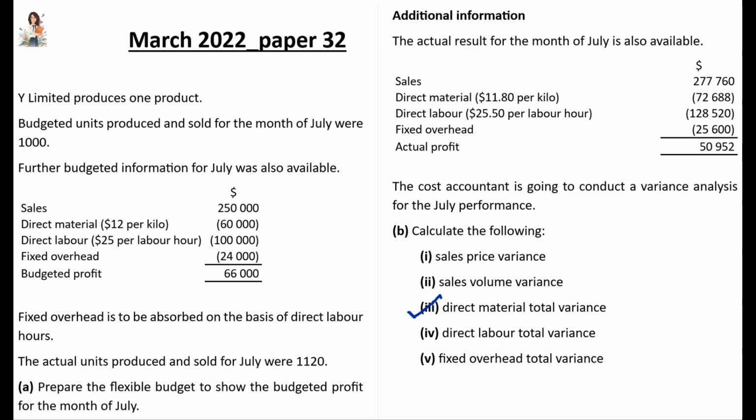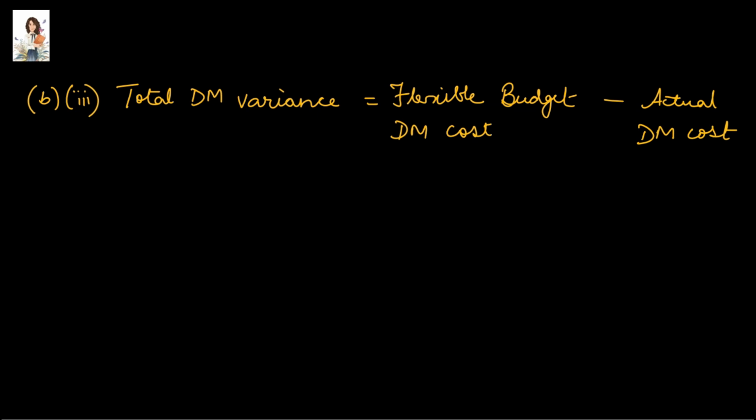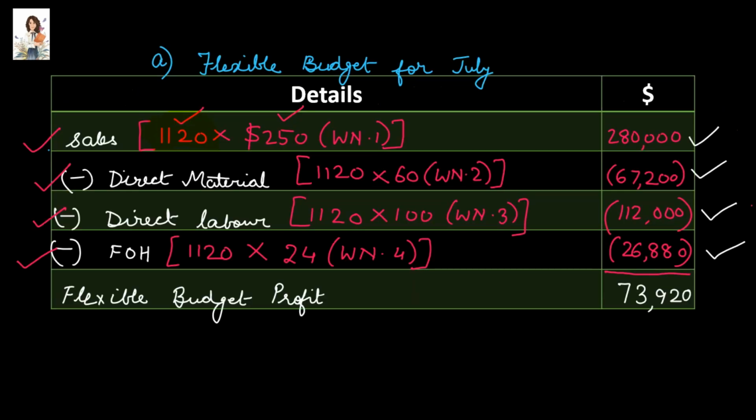Part B3 requires us to calculate the direct material total variance. So this is part B3. Total direct material variance is equal to flexible budget direct material cost minus actual direct material cost. I have explained this formula in detail in my material and labor variances video. While solving part A of this question, we had found that the flexible budget direct material cost was $67,200.